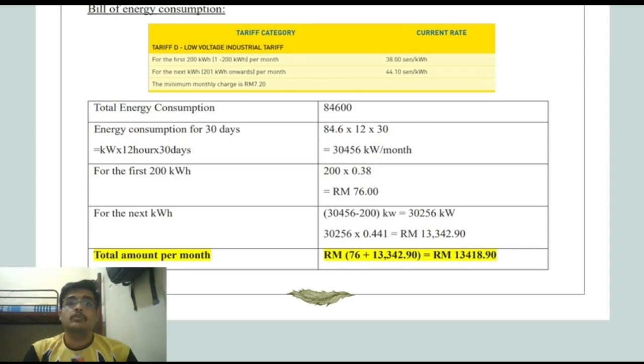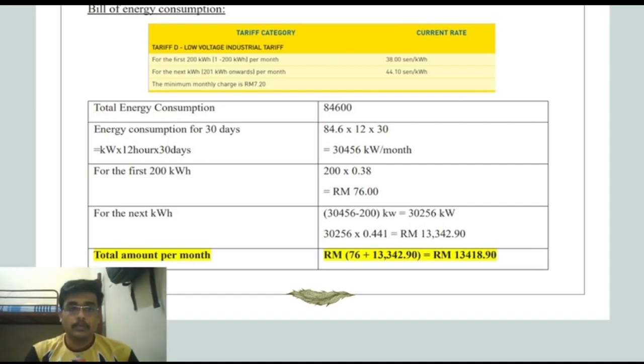figure. From this figure we calculate the total bill for that month by partitioning the calculation into two, which is for the first 200 kilowatt hour and the next kilowatt hour after the 200. For the first 200 kilowatt hour, the tariff category is 38 cents, and for the next kilowatt after 200 it is 44 cents.